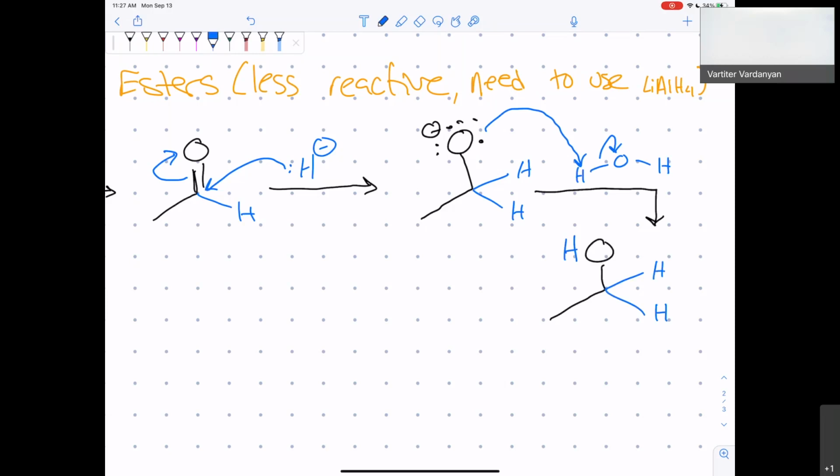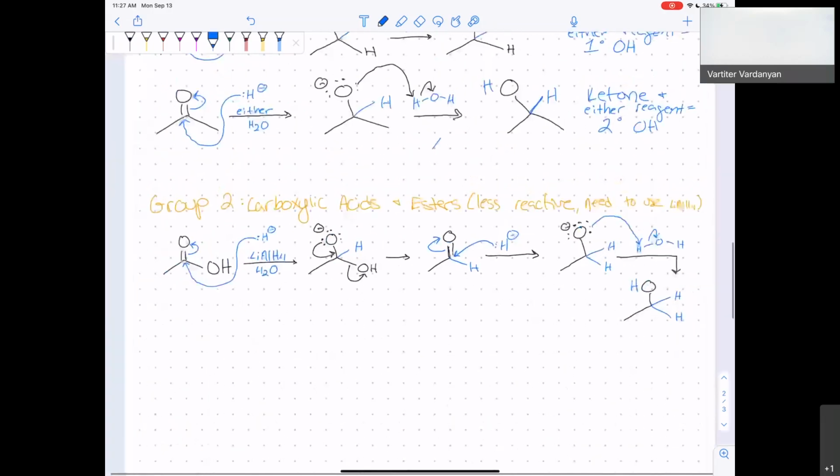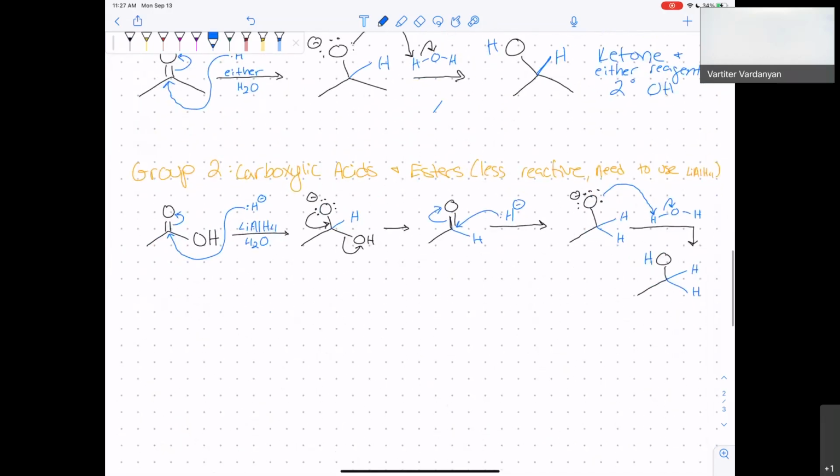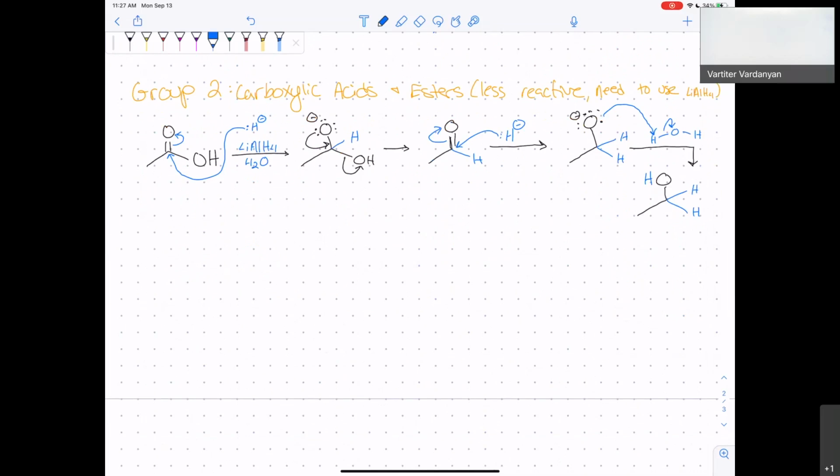Ta-da. So we can say that a carboxylic acid plus LiAlH4 equals a primary alcohol.